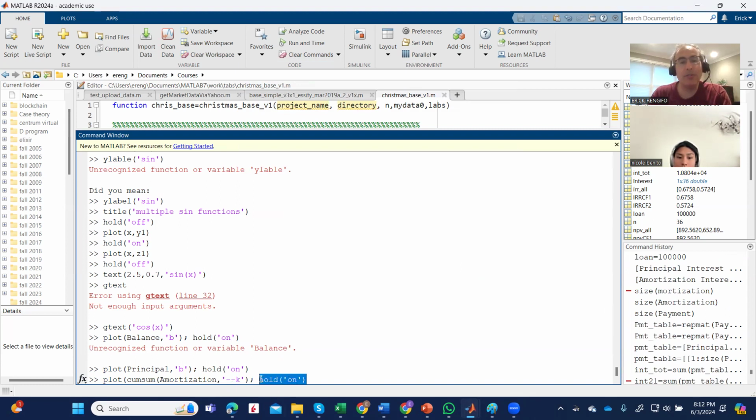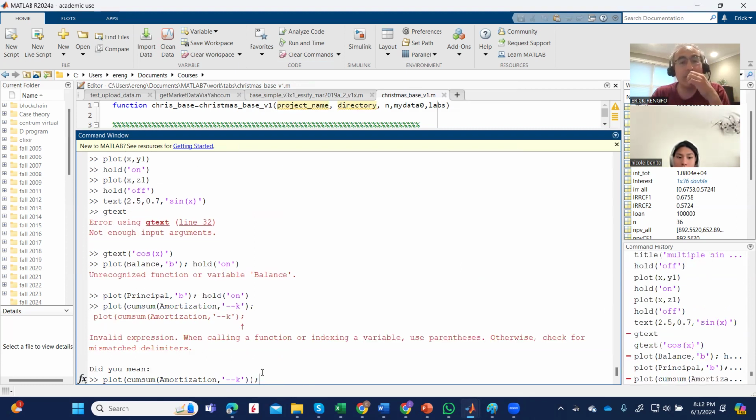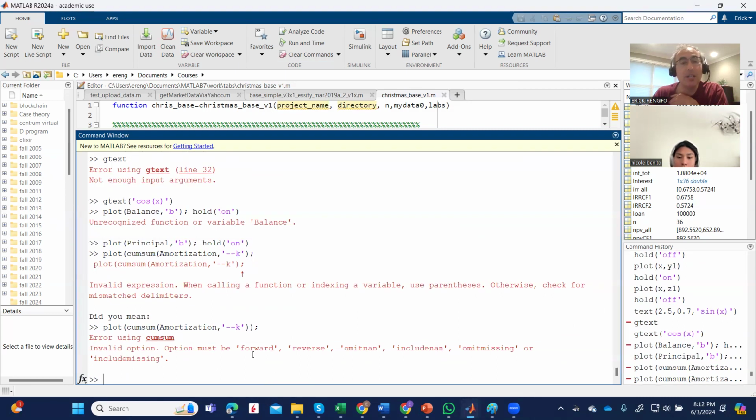So let's take a look at what happens. Amortization. Oh, I need another parenthesis after amortization. Oh, yes. My cumulative sum is of this one here. Yes, cumulative sum.